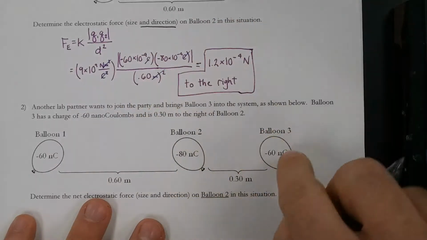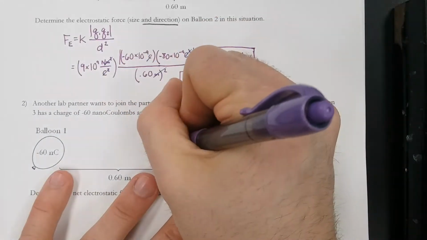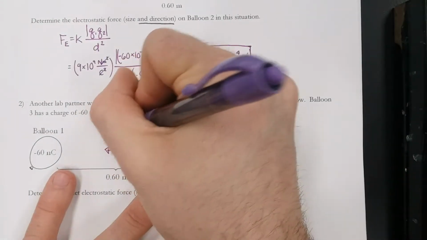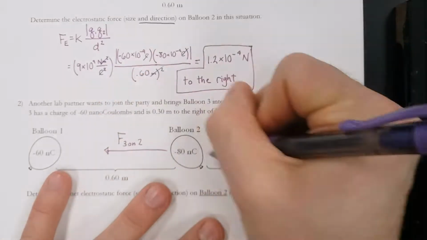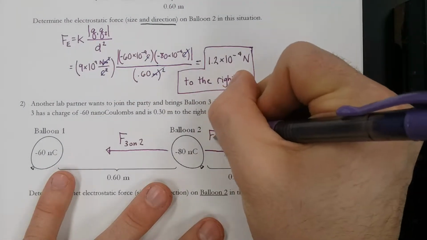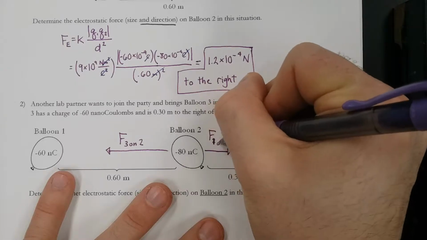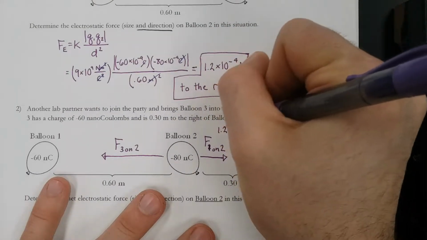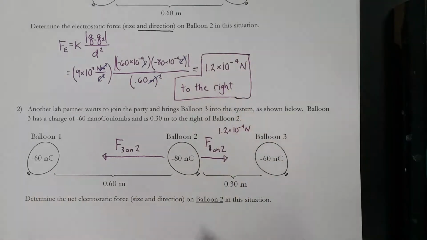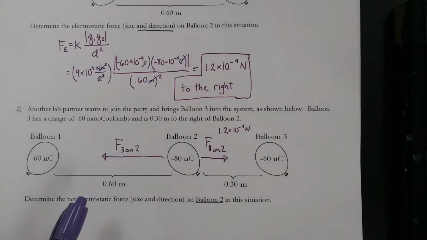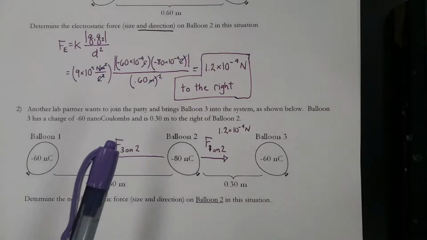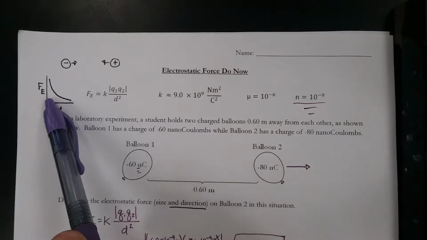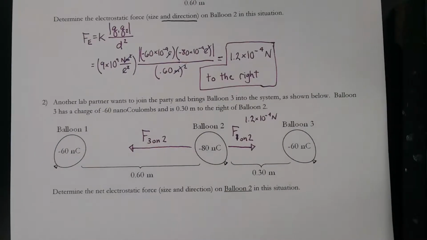Even without doing any math, because it's the same charge as balloon 1, I actually know that the force of 3 on 2 is going to be a lot bigger than the force of 1 on 2, that we already found out is 1.2 times 10 to the negative 4th newtons. So this force is going to be bigger because this balloon is closer. And as we saw with the electric force, when you're closer, the force is stronger.